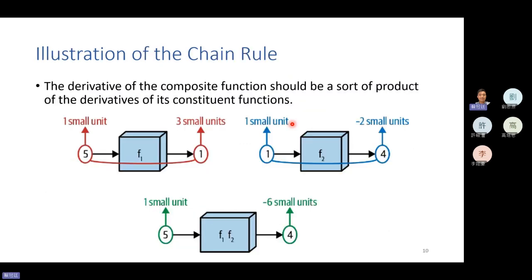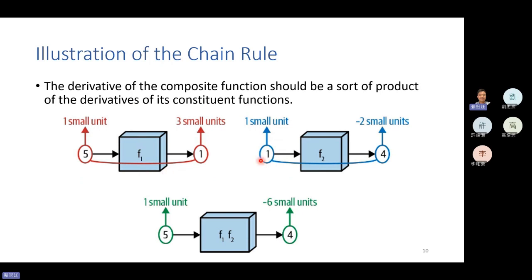So here's the illustration of the chain rule. In practice, to implement the neural network framework, we will usually use a graph, or computational graph, to represent the functions. So the derivative of the composition function should be a product of the derivatives of its constituent functions.